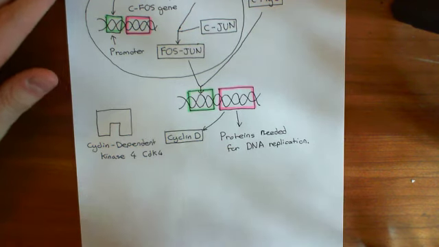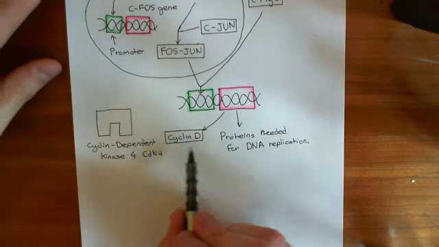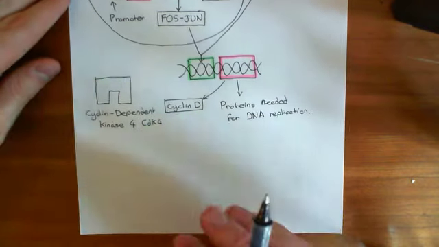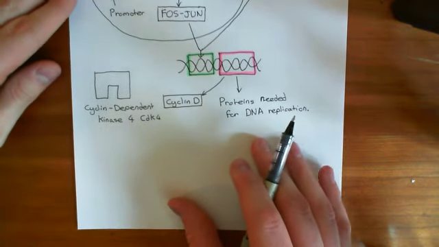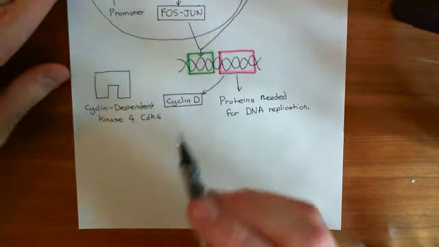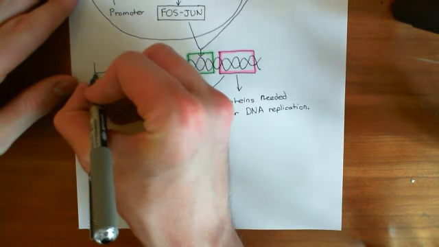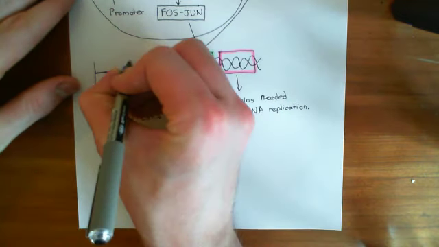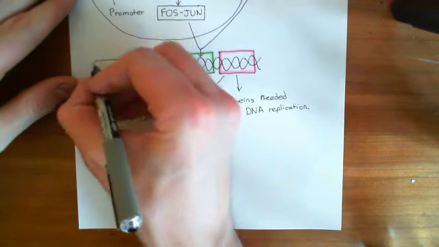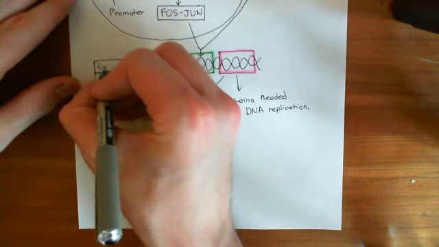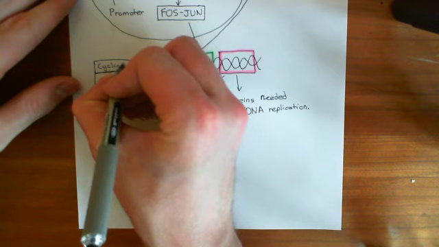So usually in the cytoplasm, when you haven't got any cyclin D, this cyclin-dependent kinase 4, the CDK4 enzyme, is inactive. However, when cyclin D binds to it, what happens is you form a structure known as a cyclin D CDK4 complex. So here's cyclin D bound to the CDK4.